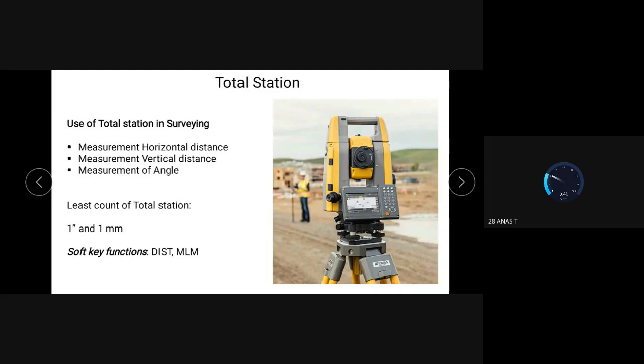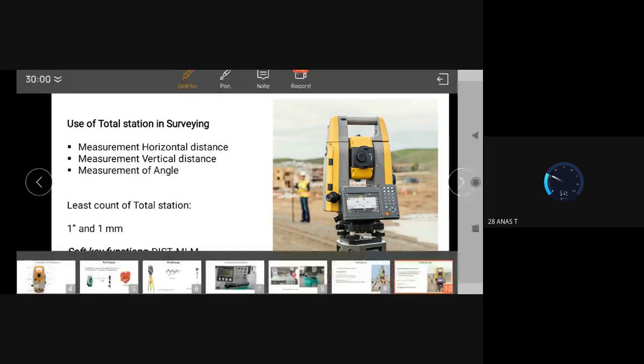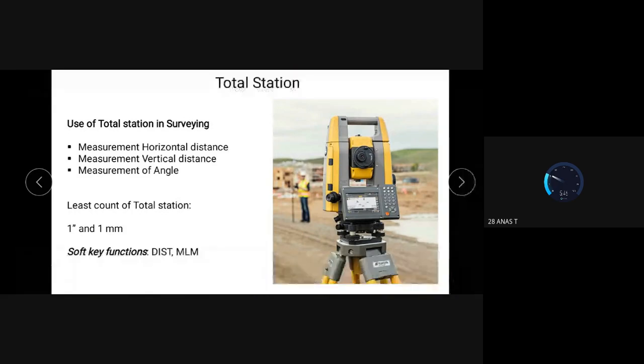So the least count of the total station is that for the angle measurement, the least count is 1 second. So up to 1 second we can measure the angle using total station, and the least count for the horizontal distance, for the distance it is 1 mm.